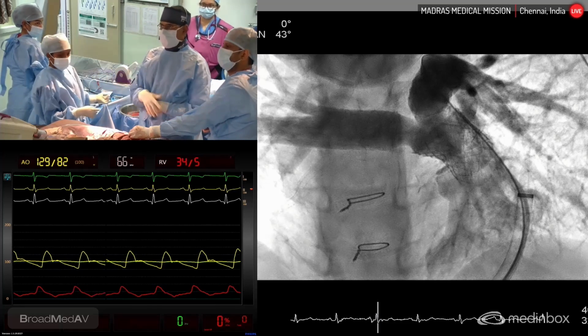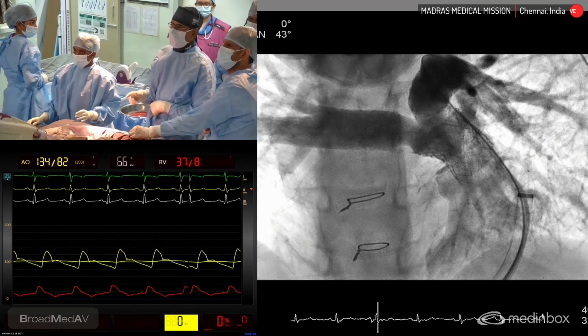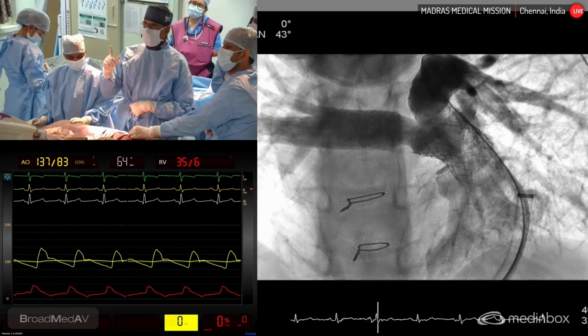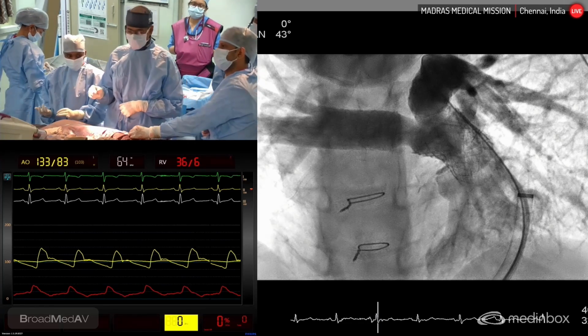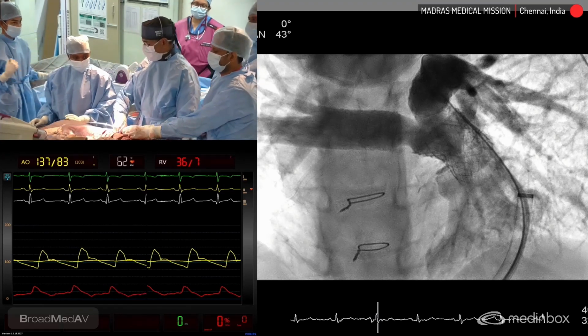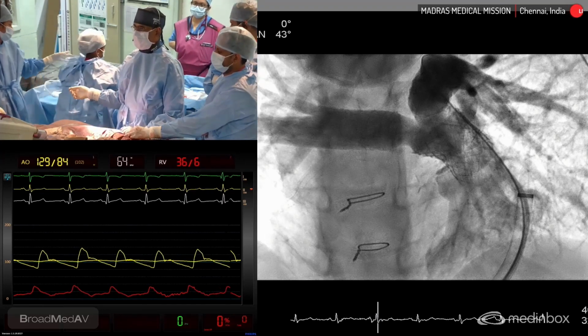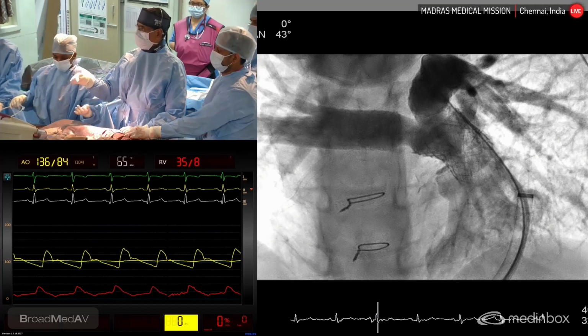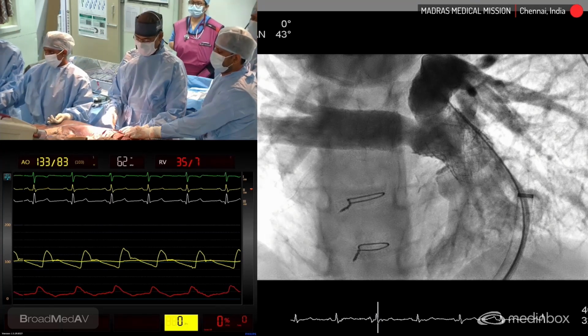Come out now. Before coming out, I will just like get that proximal end of the RVOT stent a little better. Get me the thermo guide wire. What was the balloon that we used for the?